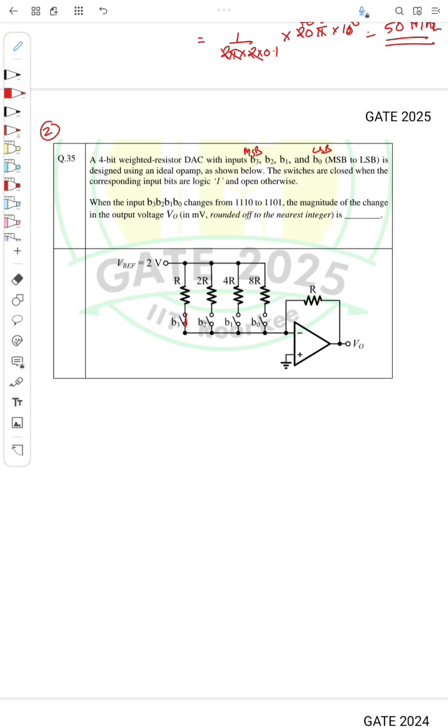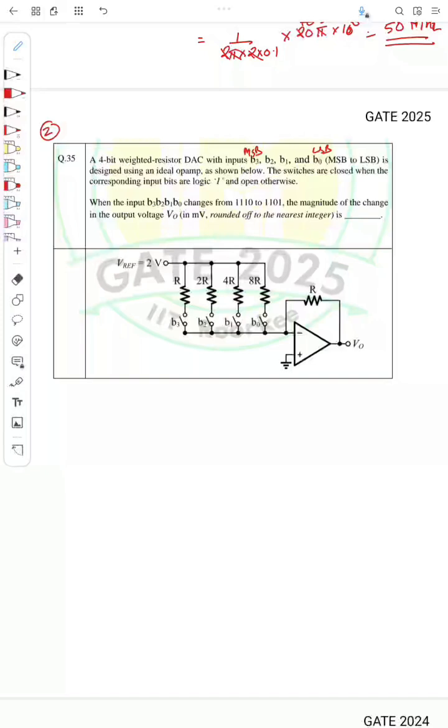Or if B2 is 1, the switch is closed, and if B2 is 0, the switch will be open like that. Okay, so given when the input B3, B2, B1, B0 changes from 1110 to 1101, the magnitude of the change in output voltage V0 is dash.